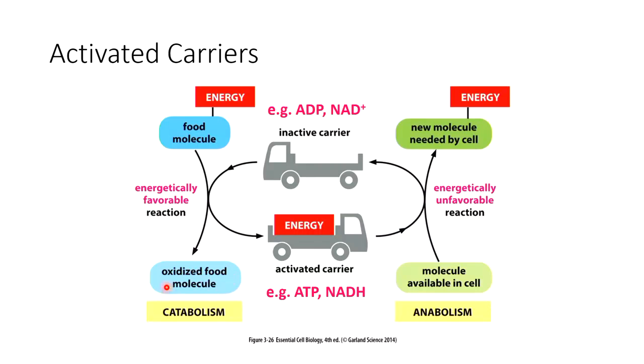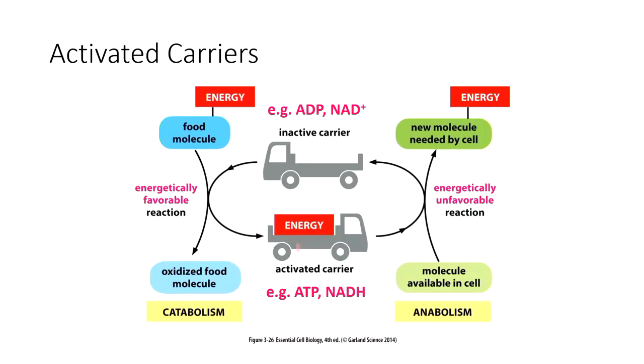The way this works is that in catabolic reactions, you have food molecules that have high energy bonds. Those molecules and bonds are broken down through energetically favorable reactions, and the energy stored in those bonds gets moved to activated carriers. After that, the activated carriers can drive energetically unfavorable reactions, such as synthesizing large molecules or building different components of the cell.